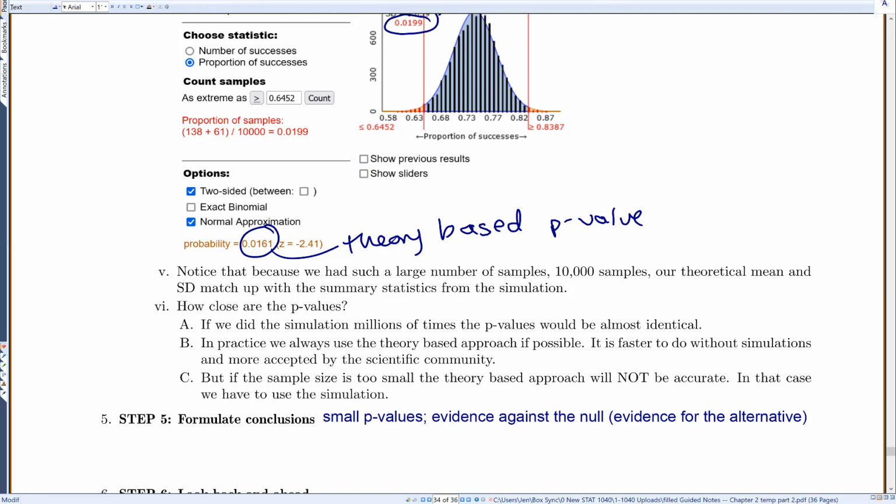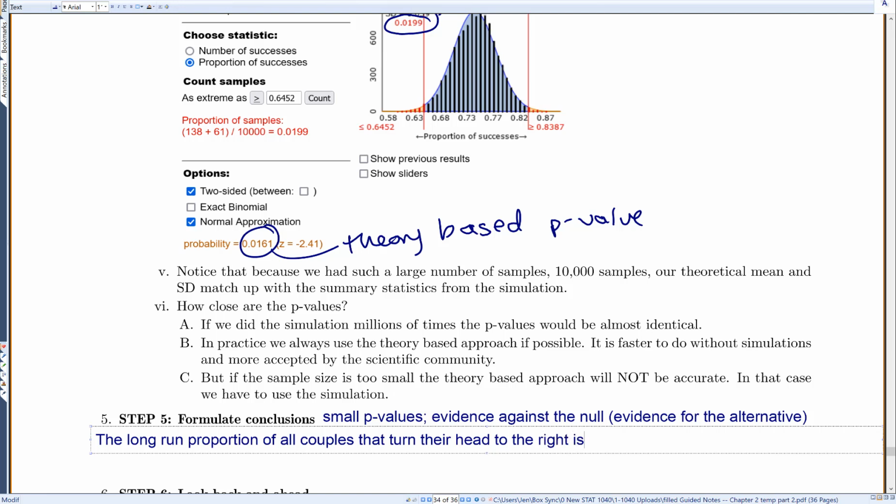And so what we would tell our boss is that the long run proportion of all couples that turn their head to the right is not 0.74. Notice what's interesting here. I can't really tell him that it's less than 0.74, and I can't really tell him it's greater than 0.74, because my alternative hypothesis was just that it's different. So I just tell him it's not 0.74.